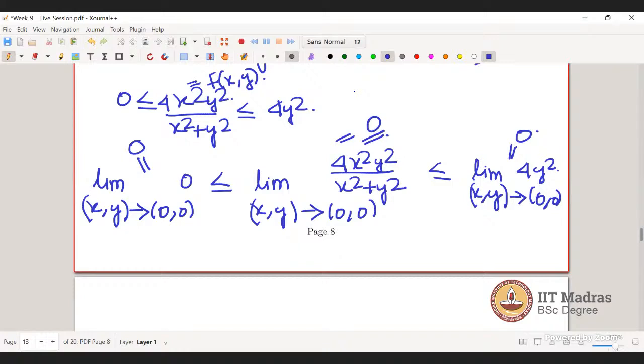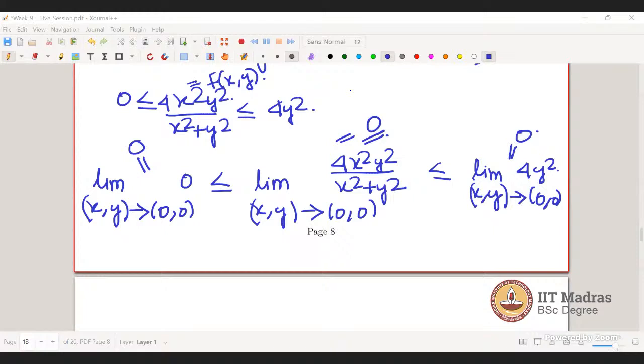So this is one of the methods. In most of the questions we'll give you in this course, actually I guess all the questions, you can solve using this method to show that the limit exists.